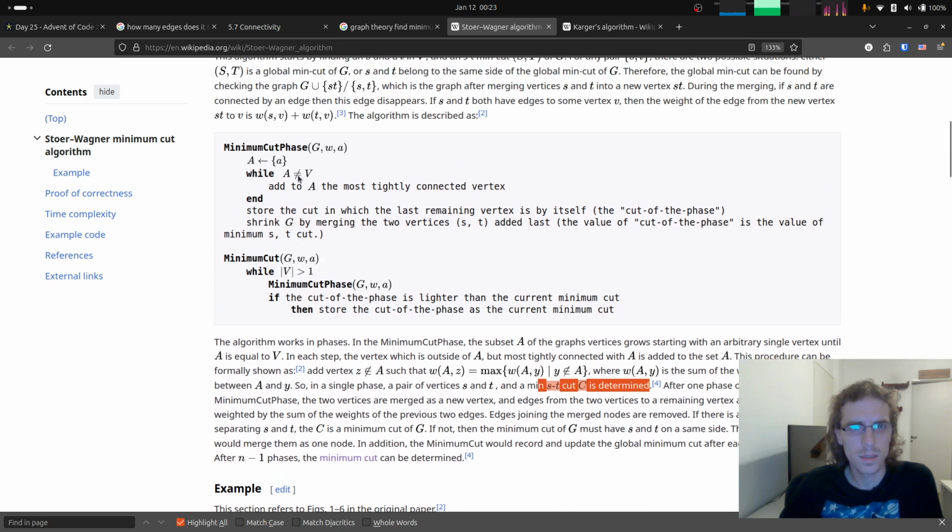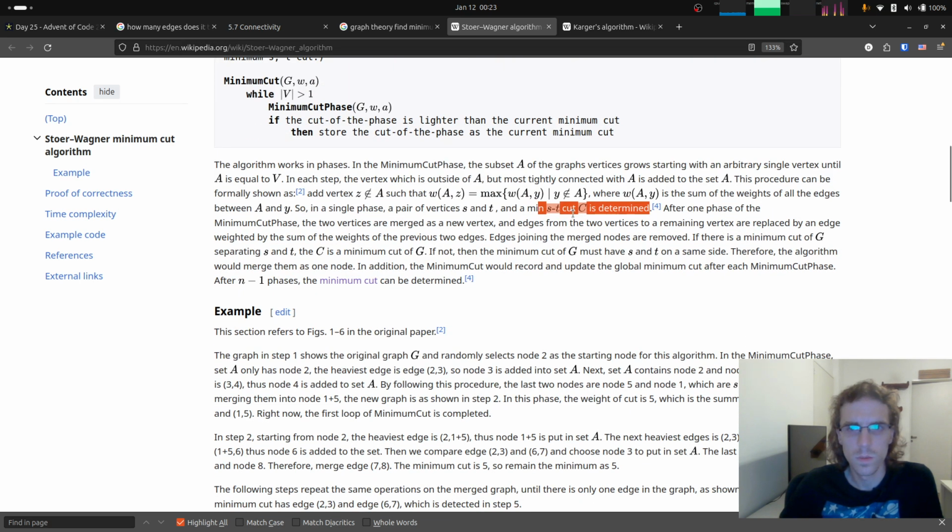So we do that until we have all the vertices. After one minimum cut phase, the two vertices are merged into a new vertex. So in a single phase, a pair of vertices S and T and the minimum ST cut is determined.